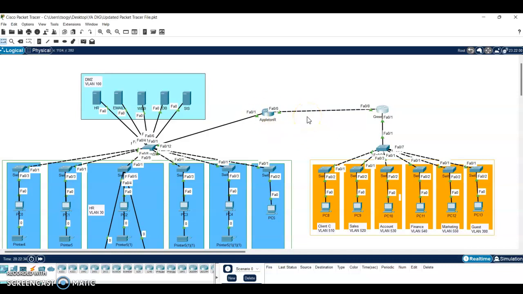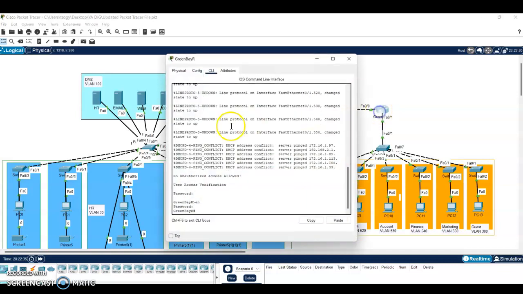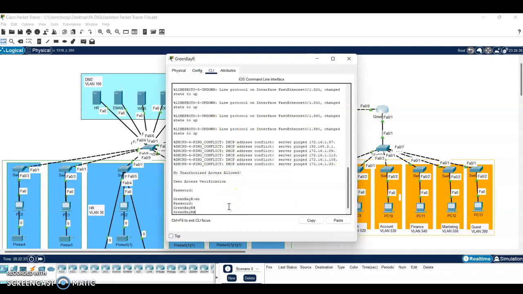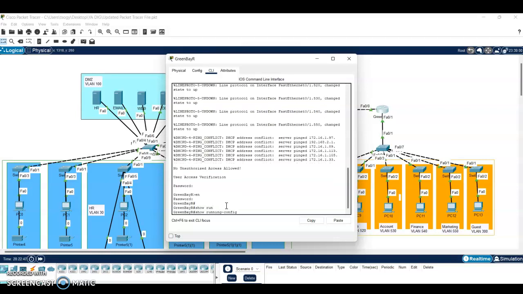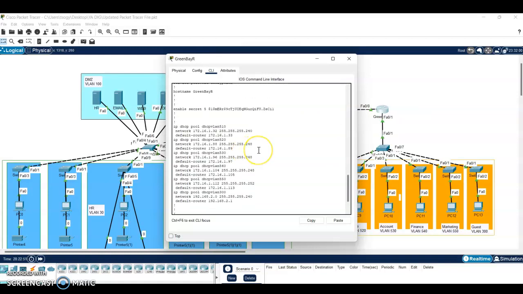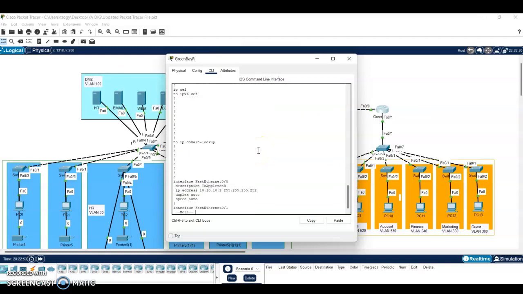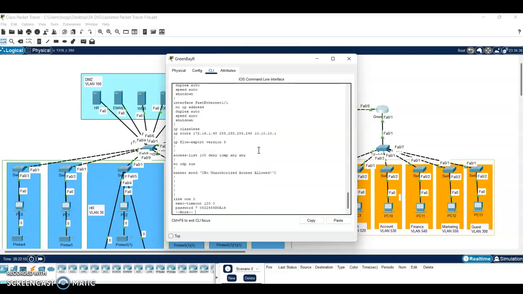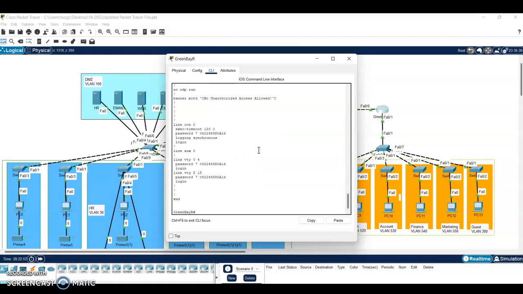And I would like to do a show run on the routers, and you can see that I have my DHCP set up, and also have password line console 0 and VTY.